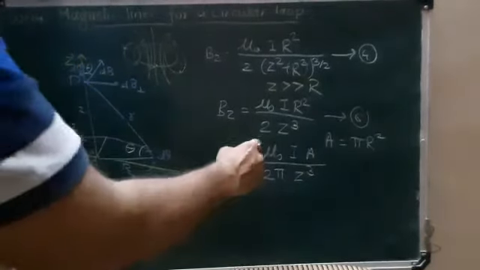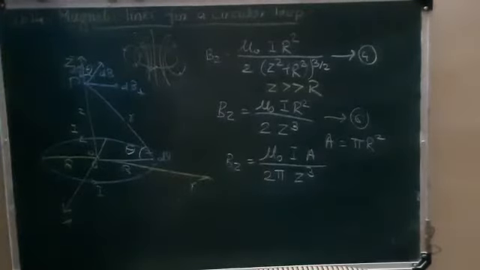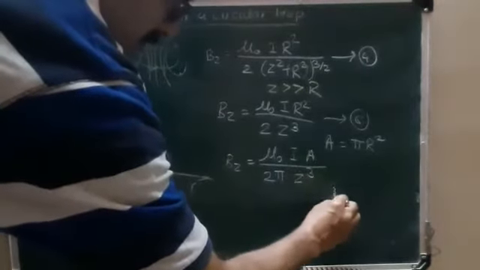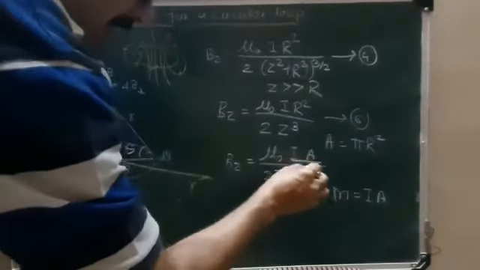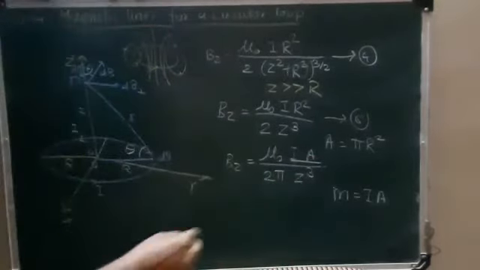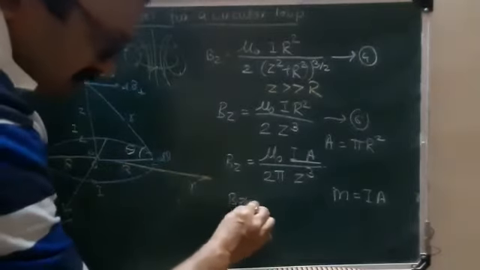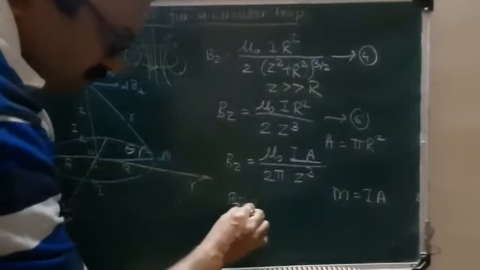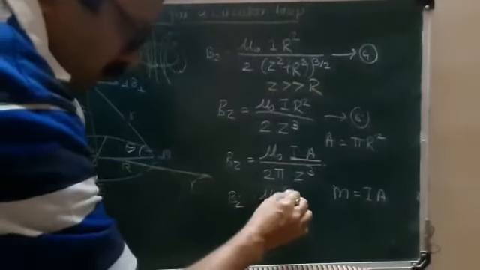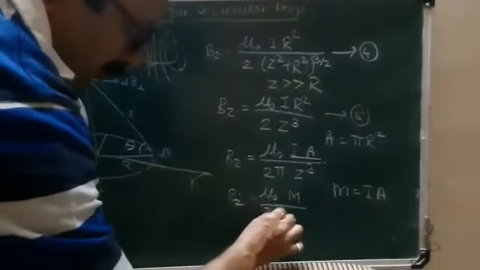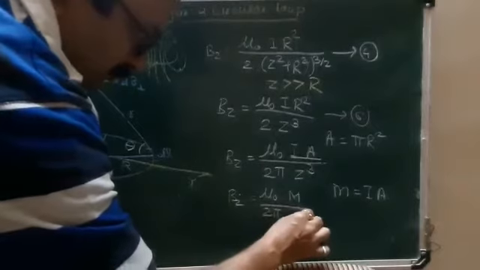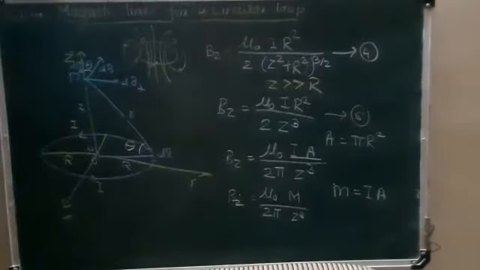Now the magnetic moment of this magnet is m is equal to I into a. Instead of I a, we substitute small m. The corresponding equation changes as Bz is equal to mu 0 into m upon 2 pi into z cube. This is the equation for the magnetic field of induction.